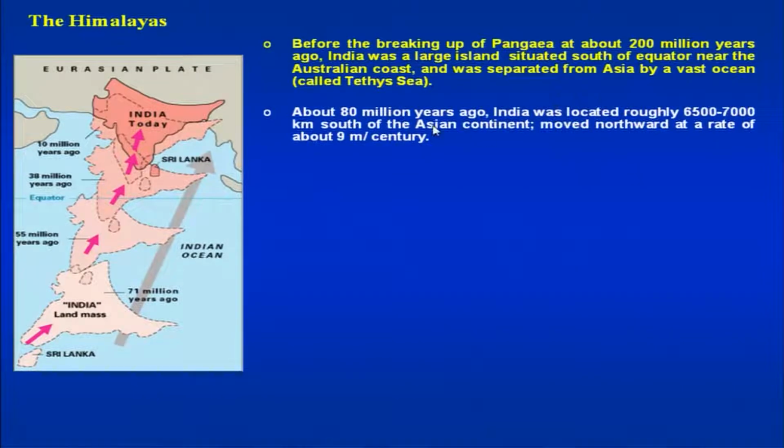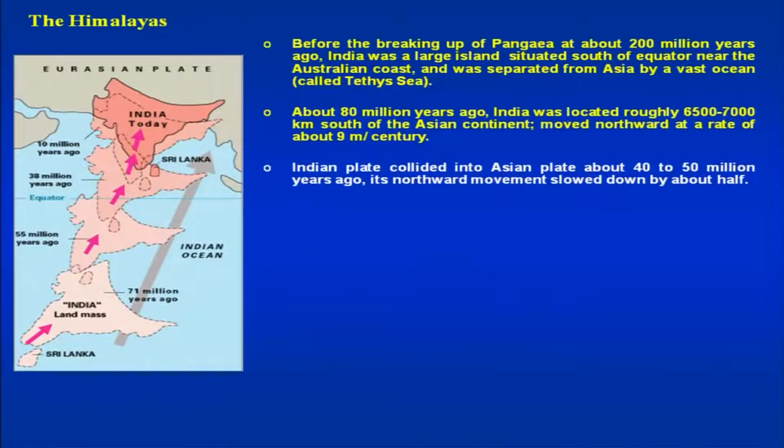About 80 million years ago, India was located roughly 6,500 to 7,000 kilometers south of the Asian continent, and moved at the rate of almost 9 meters per century. It is believed that the Indian plate collided with the Asian or Eurasian plate about 40 to 50 million years ago, and its northward movement slowed down.